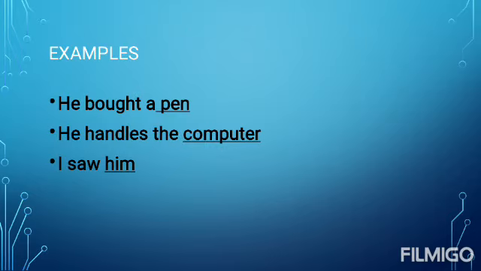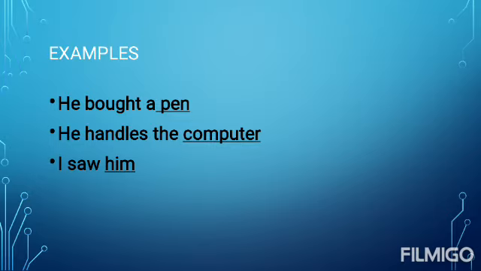Examples for object. He bought a pen. Here, he is a person, so it will be the subject. Bought is some kind of action, so it will be the verb. A pen is a thing, so it will be the object, and it answers the question what he bought. He handles the computer. He is a pronoun, so it will be the subject. Handles refers to some action, so it will be the verb.